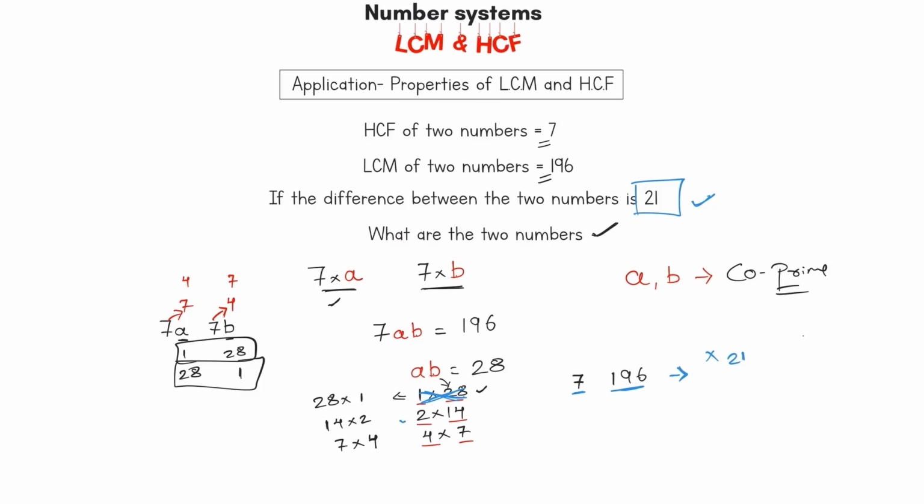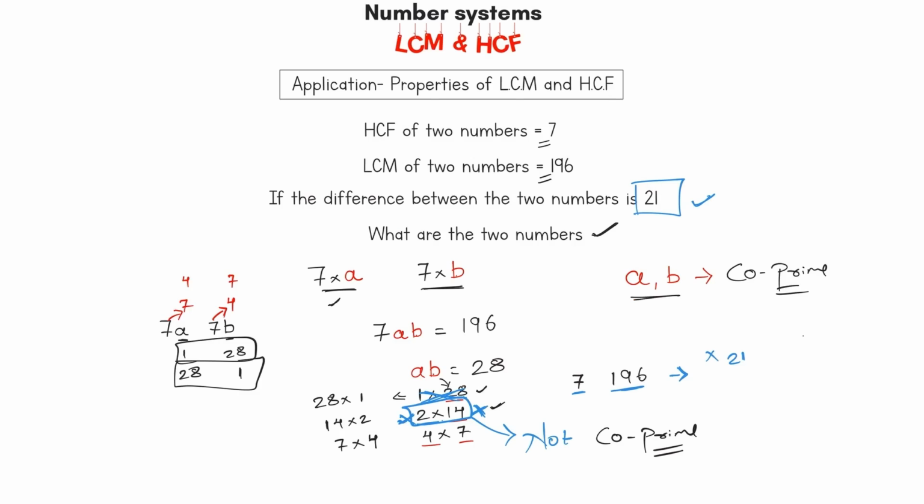Second, I see this. As soon as I see this, I reject this. Why? I'm not even making a number out of this. I'll straight away reject this. Why? Because these two numbers, 2 and 14, are not co-prime to each other. This is the trick which will help you to eliminate a lot of the combinations here. What is my condition?